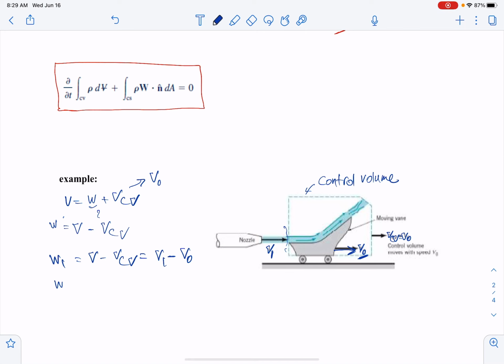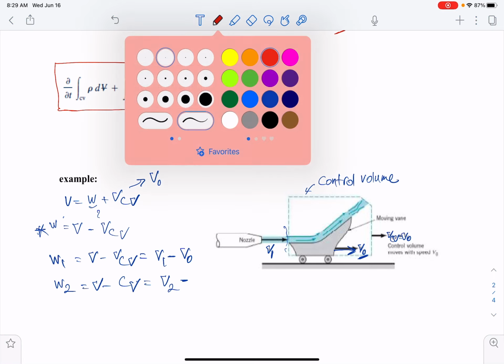And also for section 2, again we are using this formula right here, and so V is V2, which is the absolute velocity, and then V0. And V2 is right here. I forgot to show you.